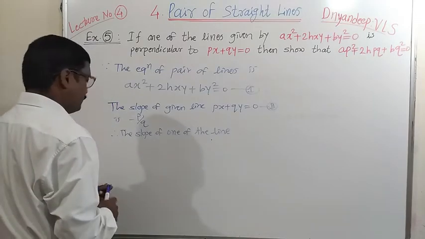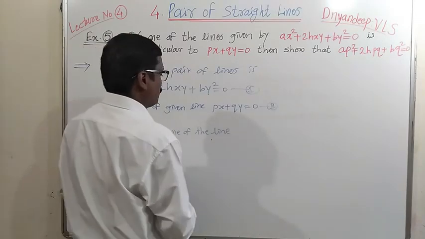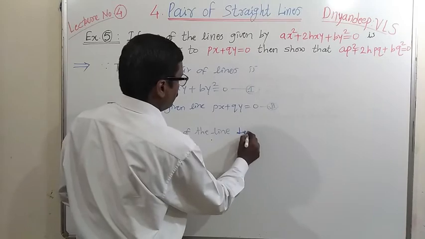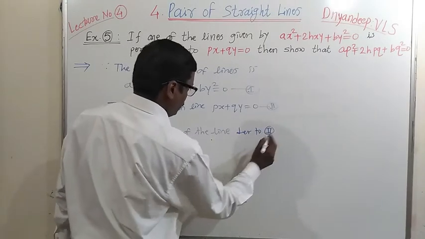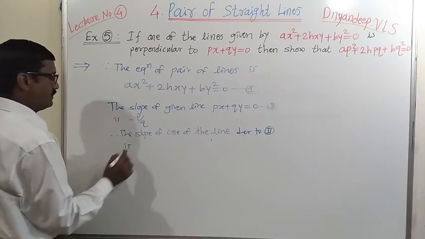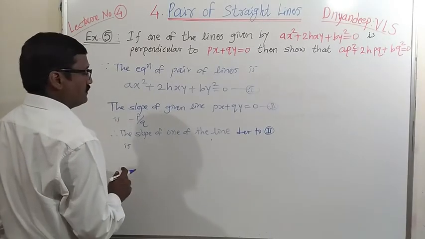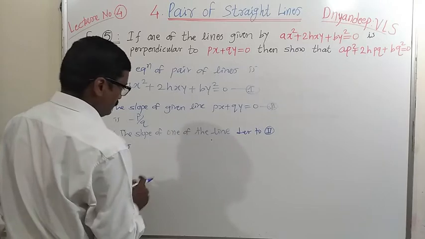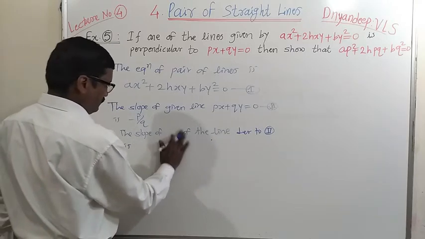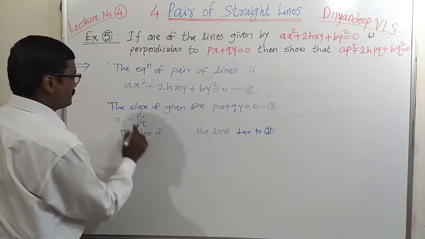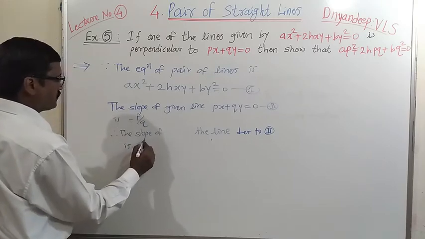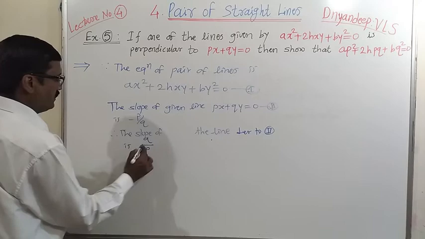the slope of one of the lines perpendicular to the second line is, since the slope of the second is minus p upon q, the slope of the perpendicular line is q by p.